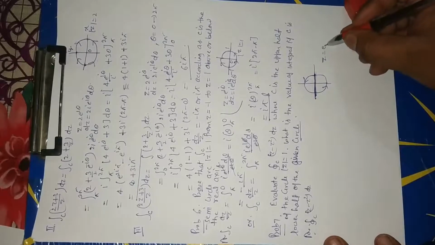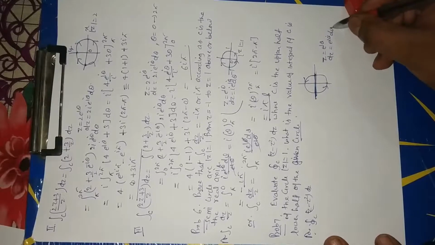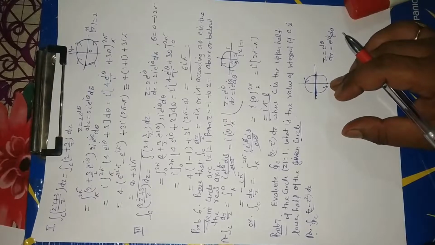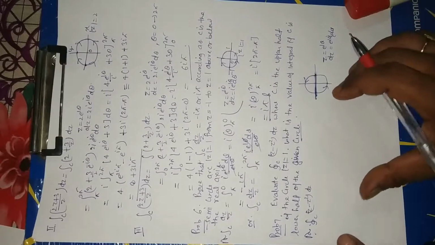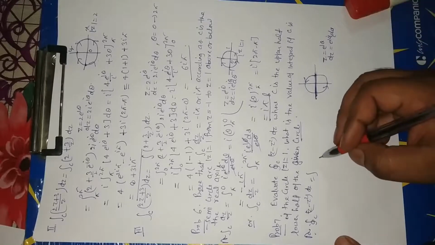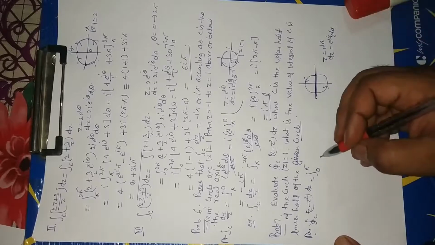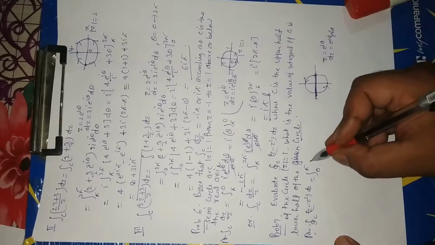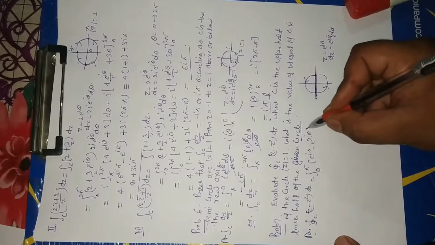Now z is equal to e to the power i theta, dz is equal to e to the power i theta d theta into i, by differentiating both sides. Now the contour integration converts into circle integration, the limit of theta 0 to pi, upper half circle, that is anti-clockwise direction, e to the power i theta minus e to the power 2i theta.